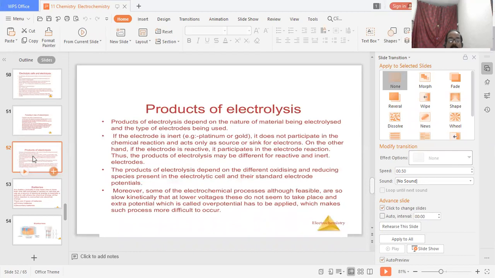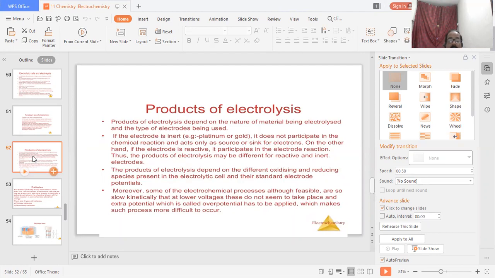Products of electrolysis. The products of electrolysis depend on the nature of the material being electrolyzed and the type of electrodes being used. If the electrodes are inert, such as platinum or gold, they do not participate in the chemical reaction and act only as a source or sink for electrons.